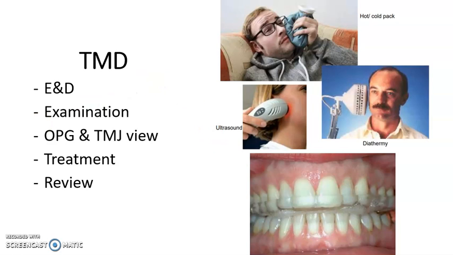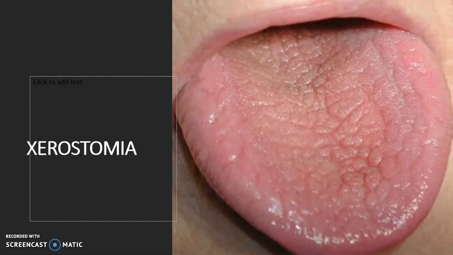Okay, and the next condition commonly seen in oral medicine clinic is xerostomia. Okay, how do you know that the patient has xerostomia? For example, if you put the mouth mirror inside the mouth at the buccal mucosa or on the tongue, the mucosa is sticking to the mouth mirror, or you see a frothy whitish saliva, okay, and also consistent with the patient's complaint.